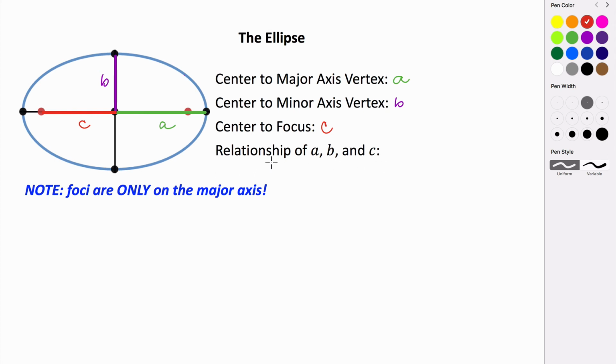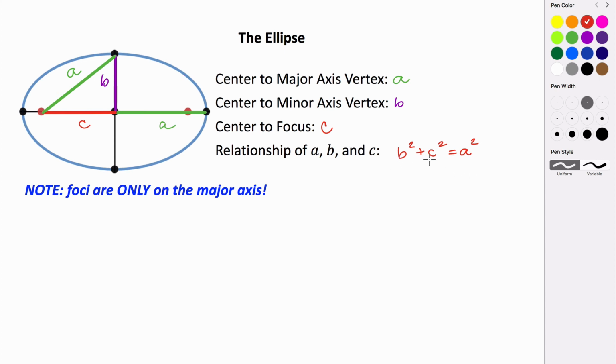Now, these 3 measures have a very unique relationship. We can form a right triangle here, and it just so happens that this right triangle has a hypotenuse length of A. So B squared plus C squared is equal to A squared. That's one of the relationships between A, B, and C. It's a little bit different in order from the Pythagorean theorem that we're used to.